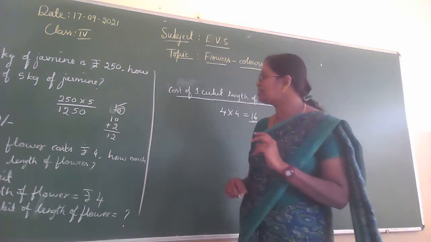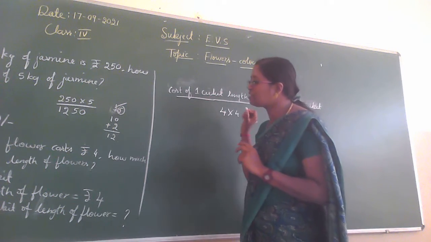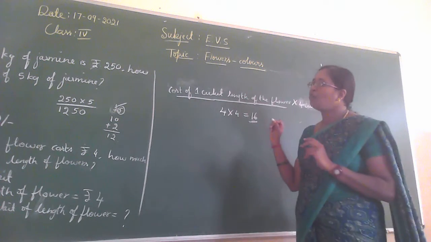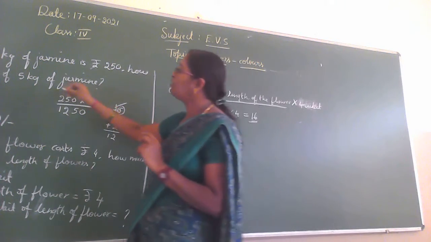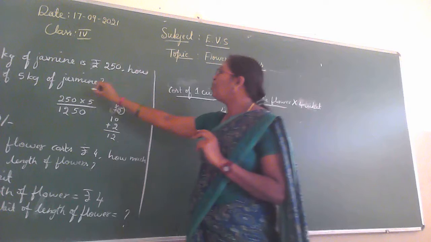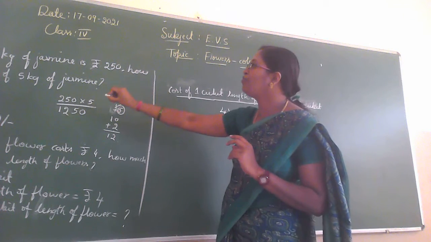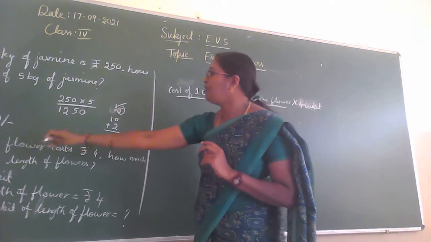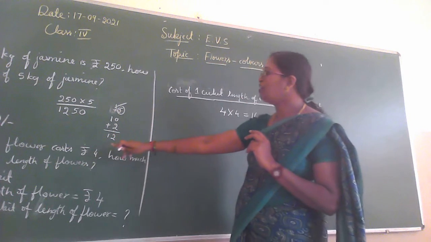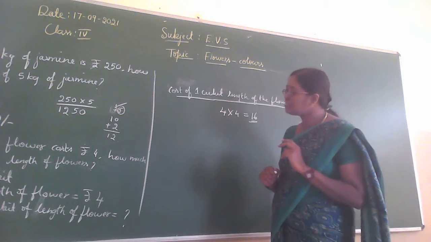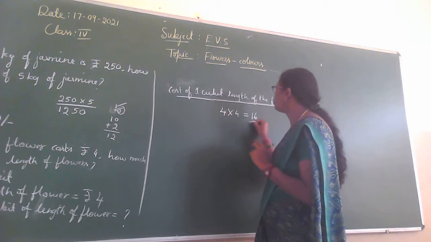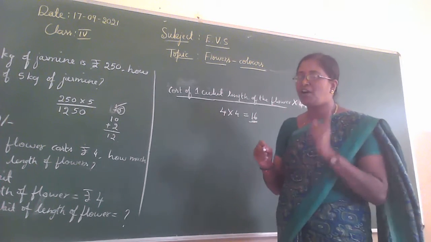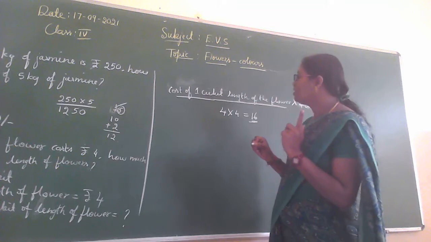So we get the answer. We need to find out the cost of 1 yard length of the flower. So this is the cost of 1 yard or 4 cubit length of the flower.